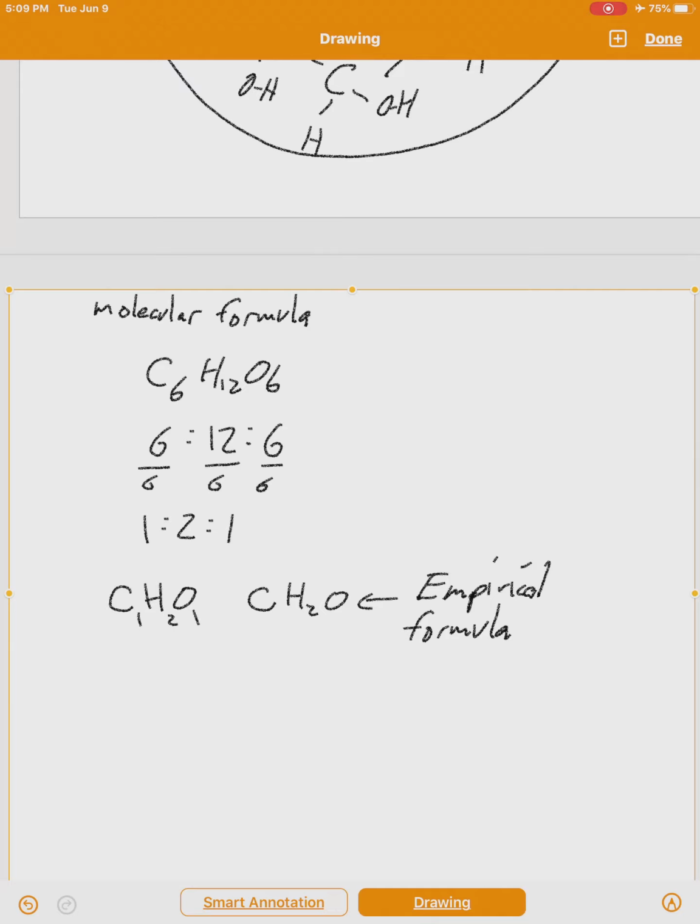Okay? And we call that empirical formula. Now you might ask, what's the point of an empirical formula? But it turns out there are chemical methods, analytical methods, which allow us to determine the empirical formula, but not the molecular formula. And so the empirical formula is a stepping stone toward finding the molecular formula of a substance. Okay? So that's a discussion of that.